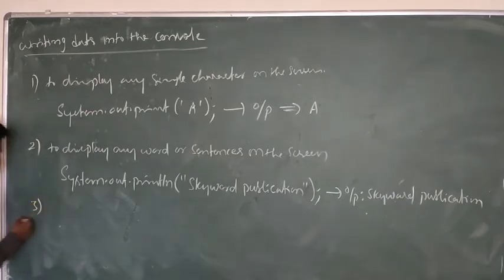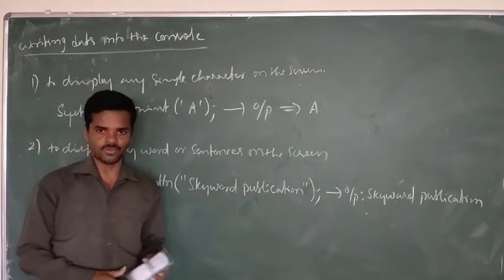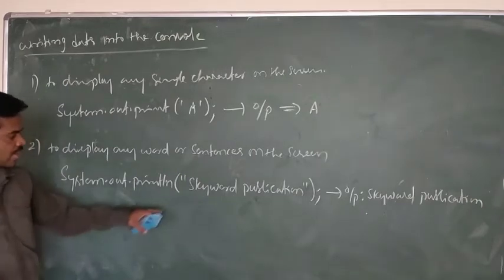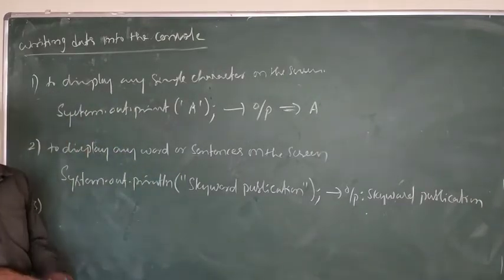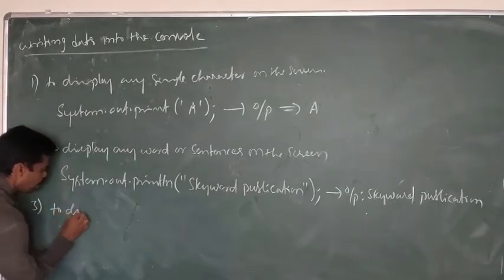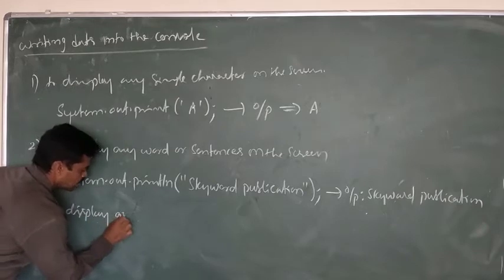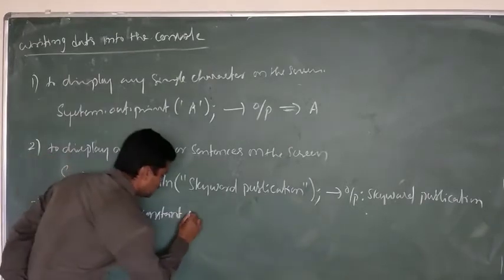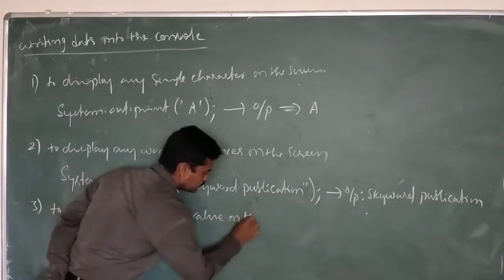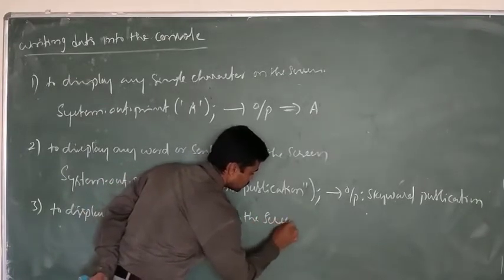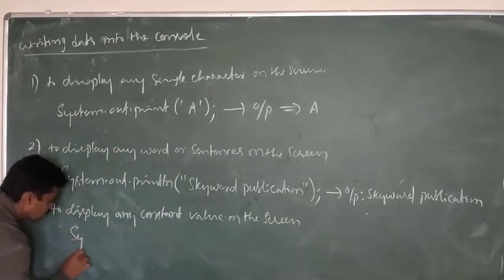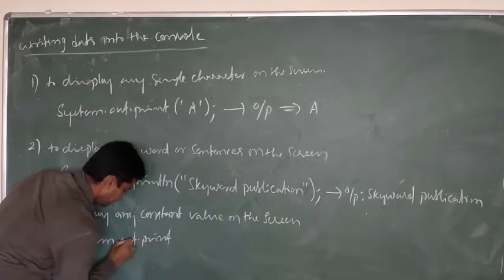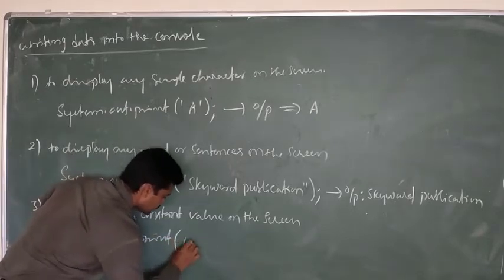Next, third: if you want to display any constant value on the screen, you can directly write the value in the parentheses without using any quotes. For example, System.out.print(1 to 5).